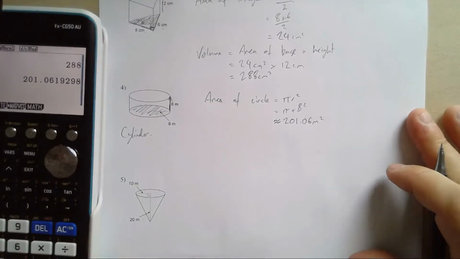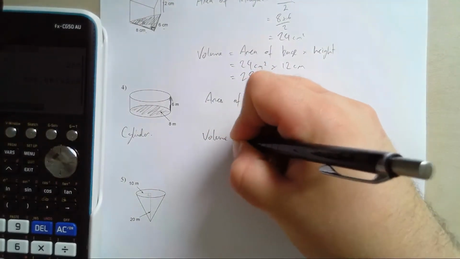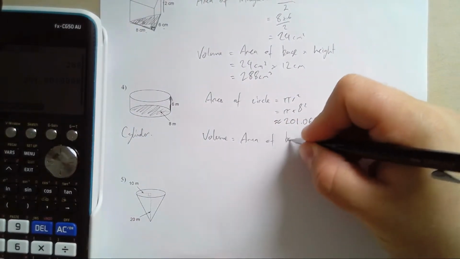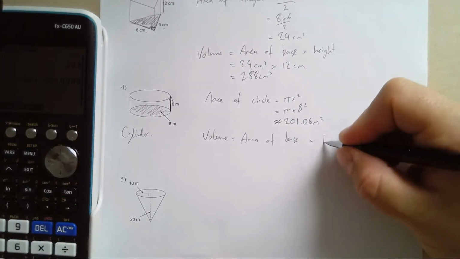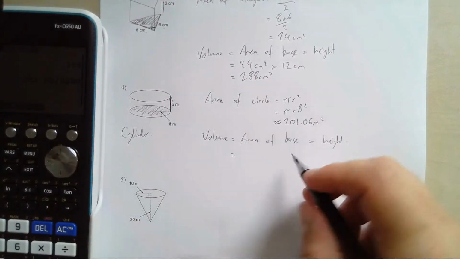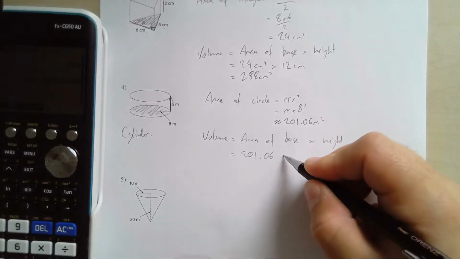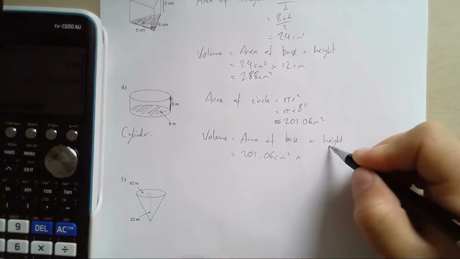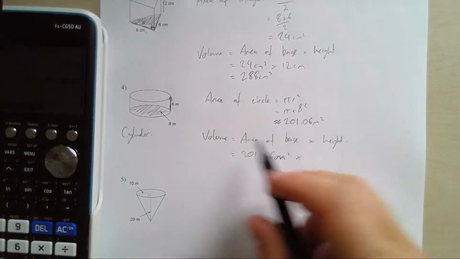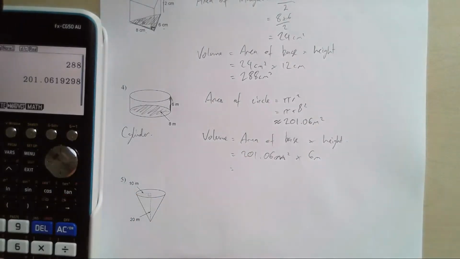Okay, now we can do the volume. Volume is area of base times the height, which is 201.06 square meters times how high it is, 6 meters.